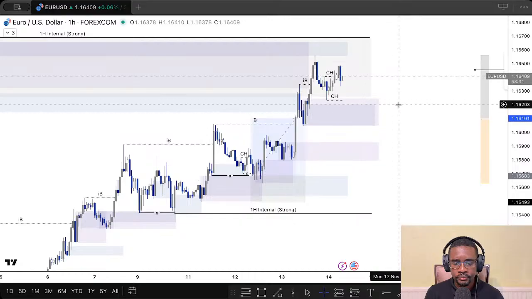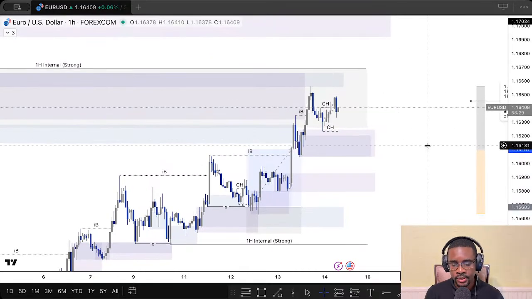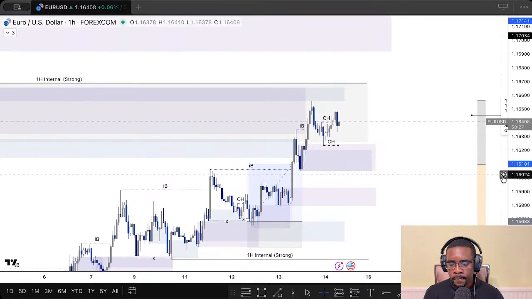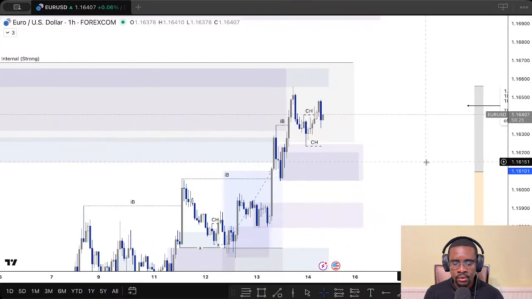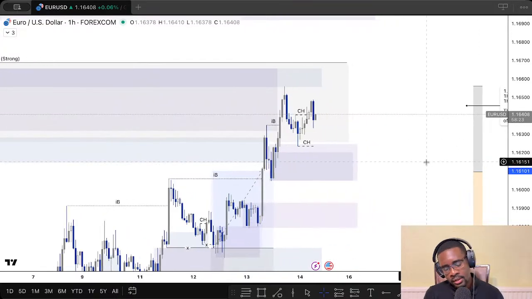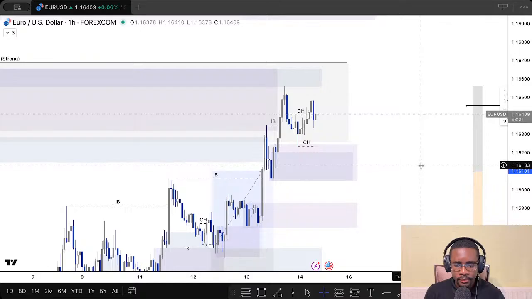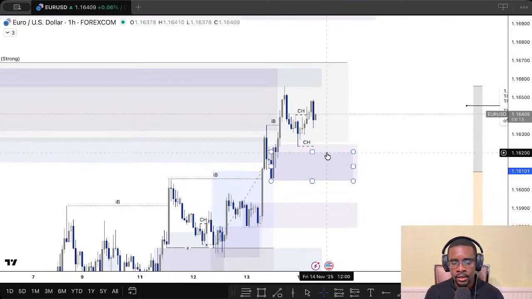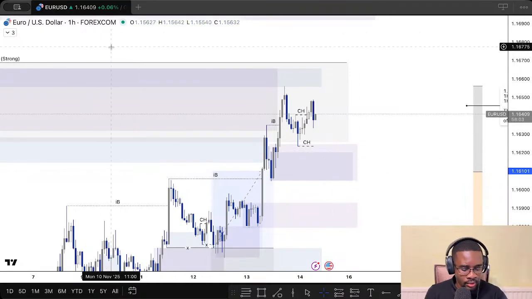So right now, I would say we'll have to wait. Now you could take a position here, because we are still bullish. Technically, we haven't violated any demand, so based on the 4 hour.